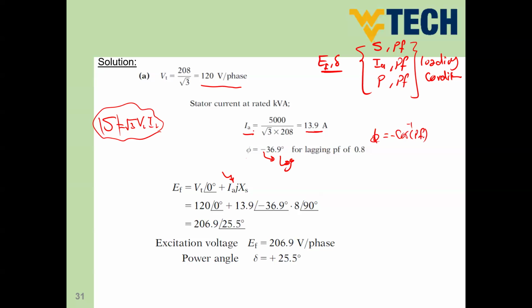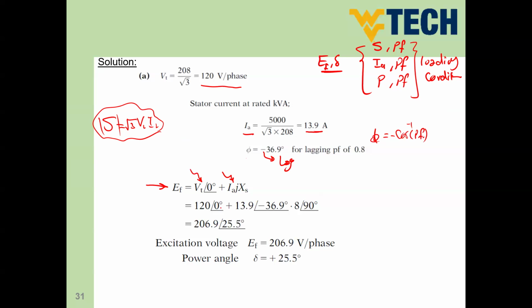Now we can use the current as a vector, 13.9 at angle minus 36.9. Substitute in the equation. Don't forget that V terminal is always the reference, so reference means at angle 0. So 120 at angle 0, and take care again, this equation is a phase values equation. We cannot use line values. So V phase is 120.